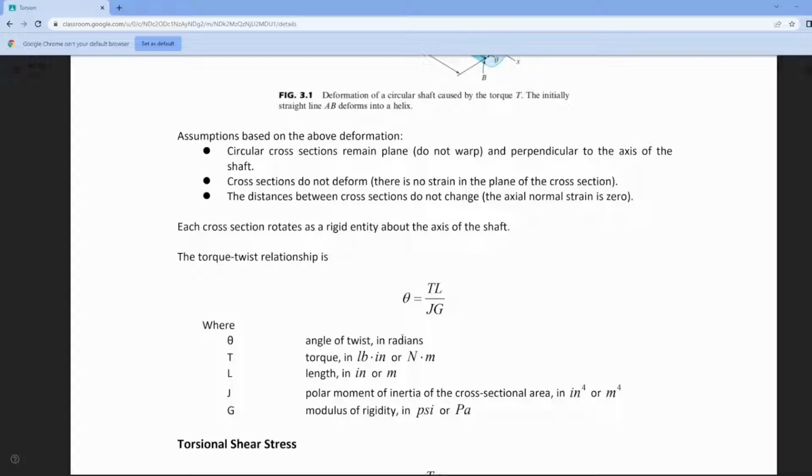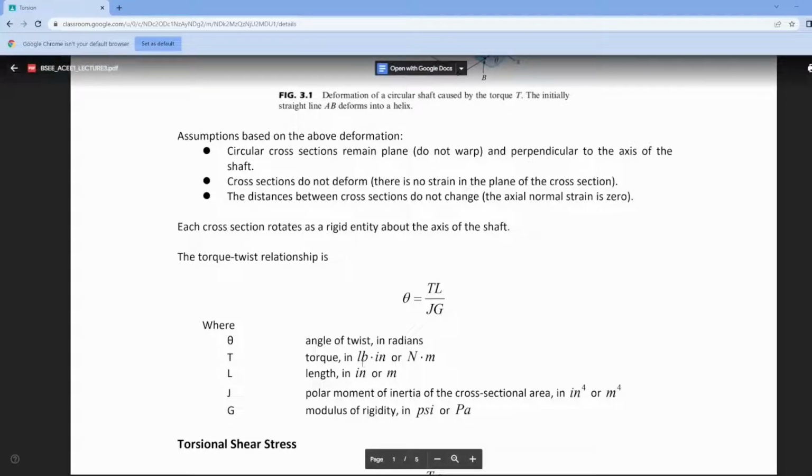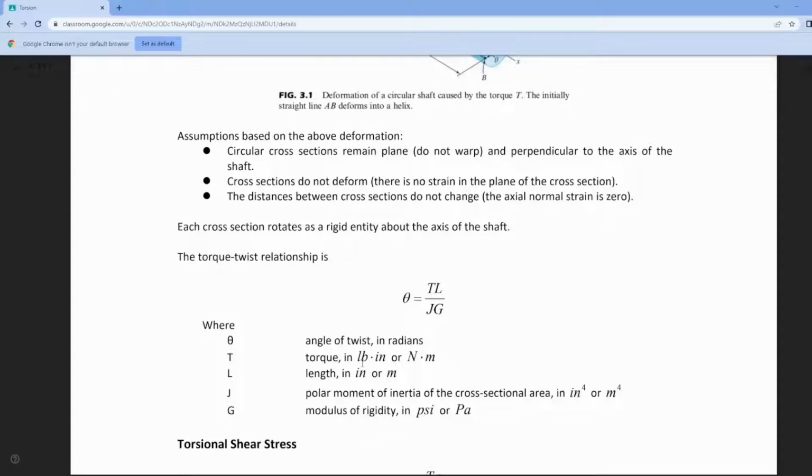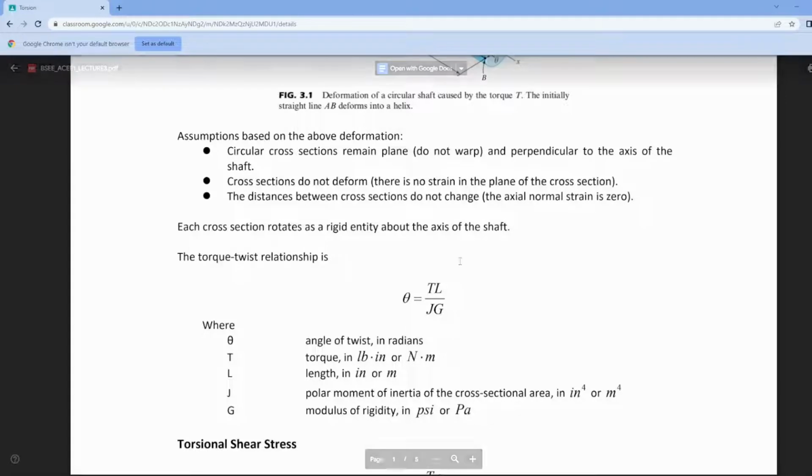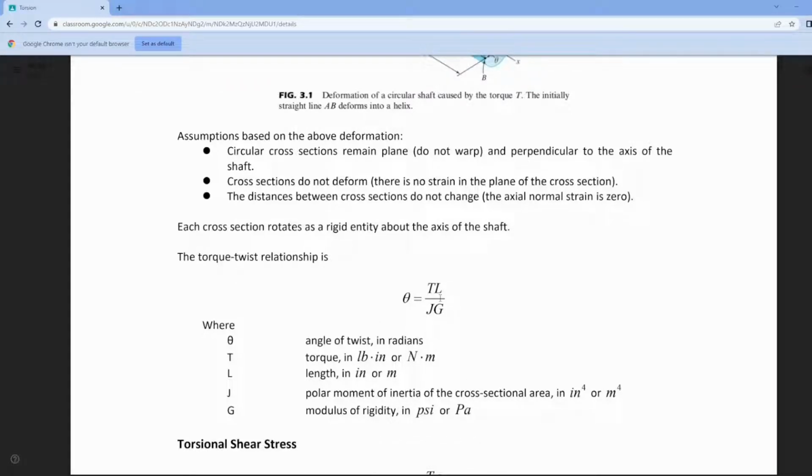T is our torque, which can be in pound-inches or Newton-meters. Our length could be in inches or meters. J is the polar moment of inertia of the cross-sectional area, expressed in inches to the fourth or meters to the fourth. And G is our modulus of rigidity, expressed in psi or in pascals.